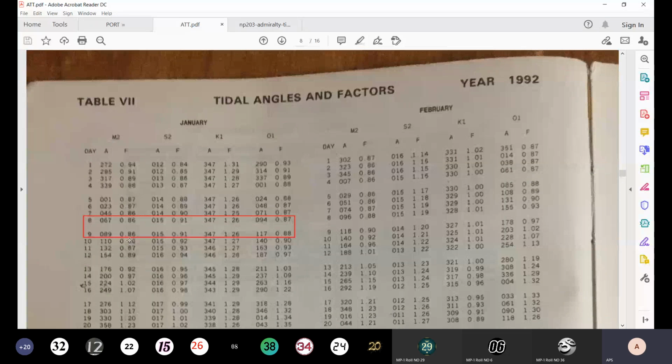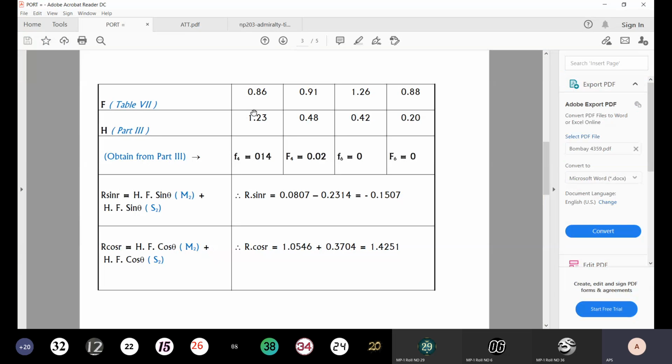So start writing those values: 0.86, 0.91, 1.26, 0.88. Capital F value under M2, S2, K1, O1 for 9th of January.